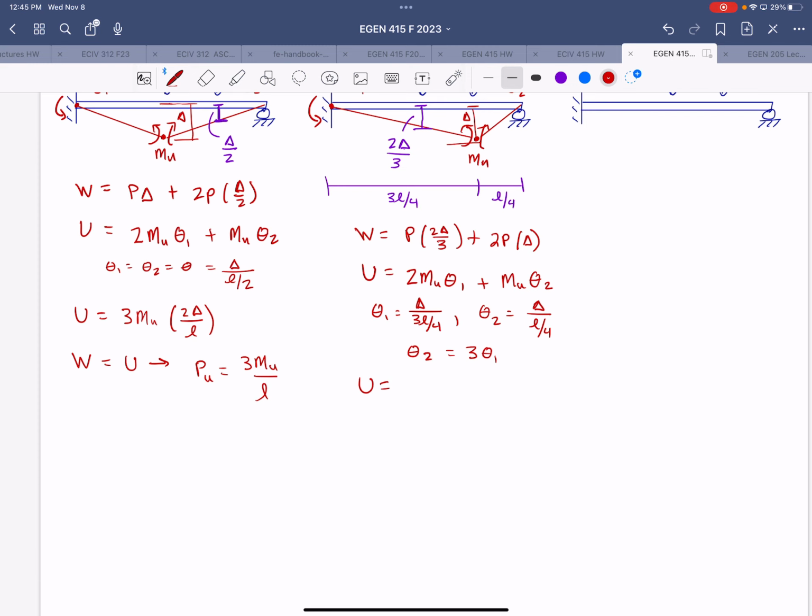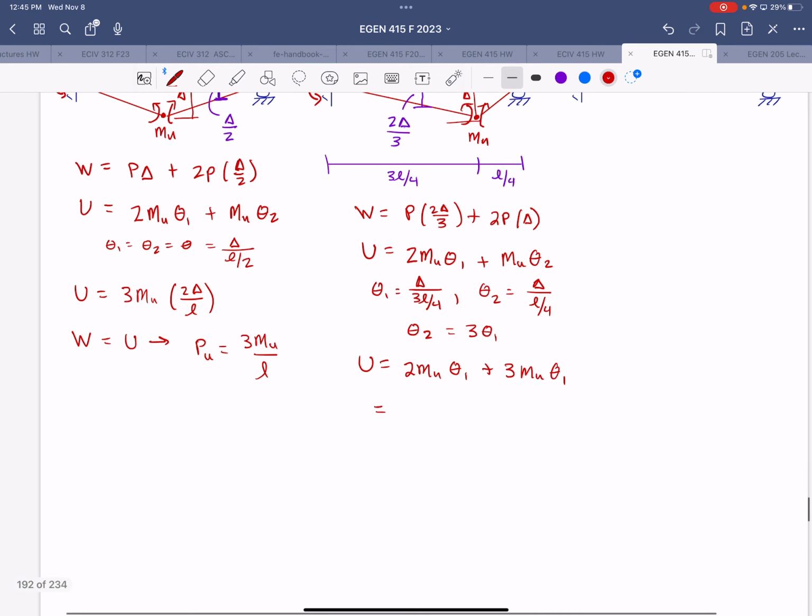So our internal strain energy then is going to be 2 mu theta 1, and we can write both terms in terms of theta 1, plus 3 mu times theta 1.